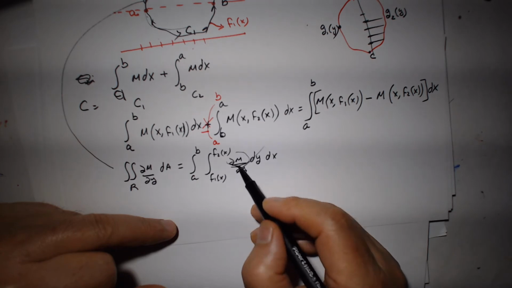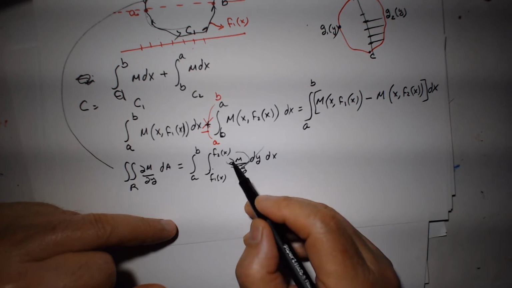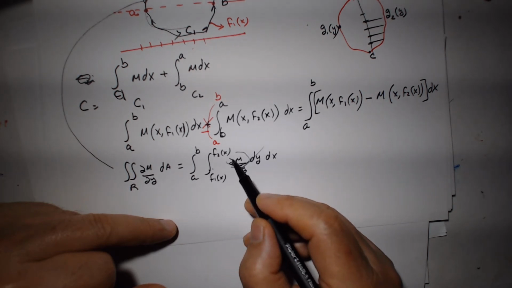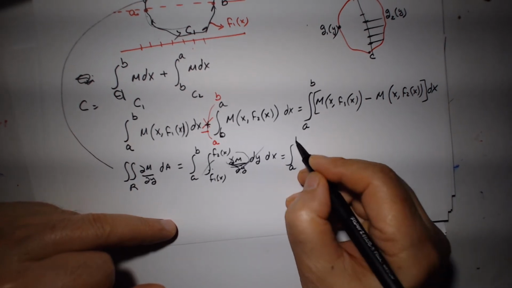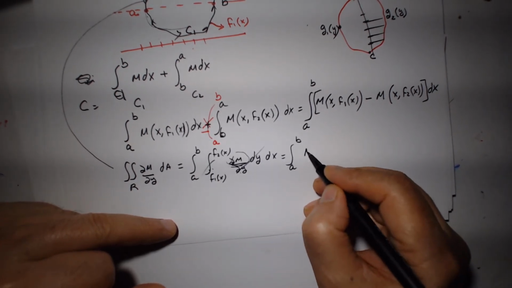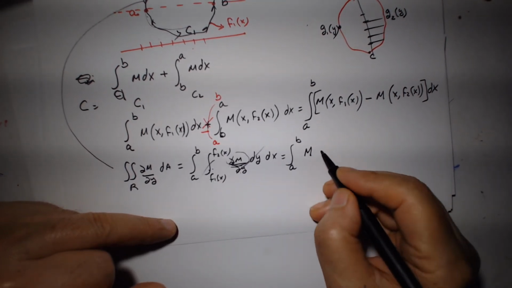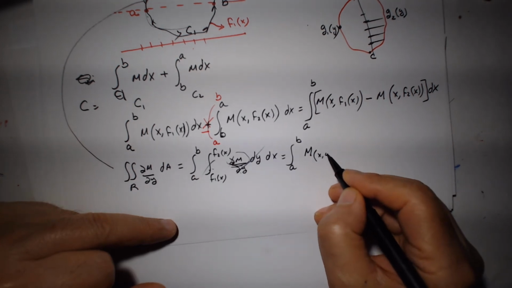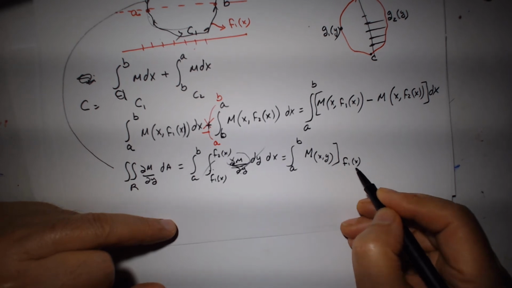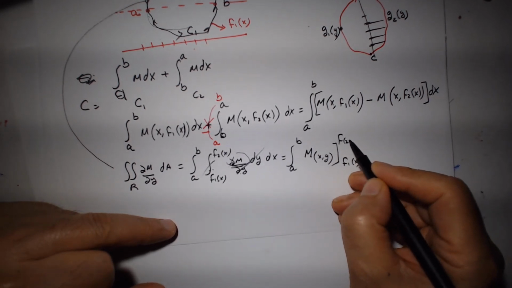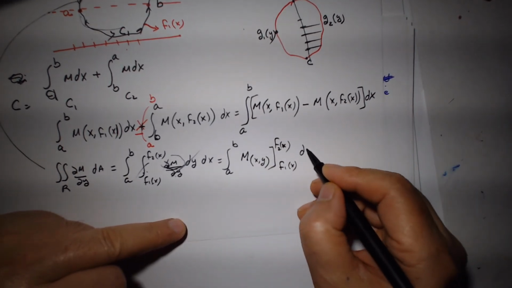All I have is M. And derivative and integral undo each other. Therefore, if I cancel these two, I have A to B of M. Please remember that M was a function of x and y, from F1 of x to F2 of x. Don't forget, I have a dx in here.